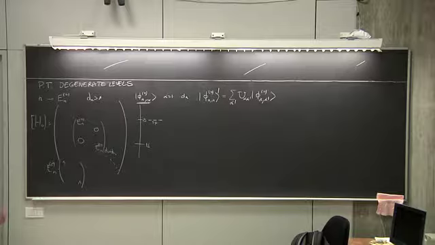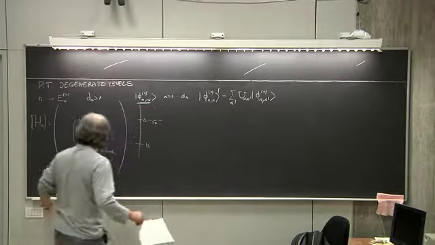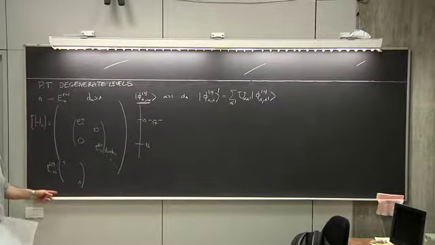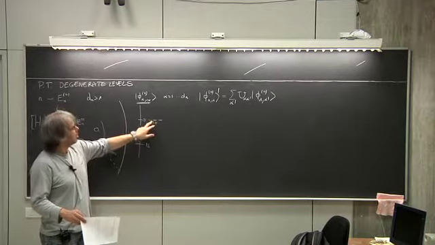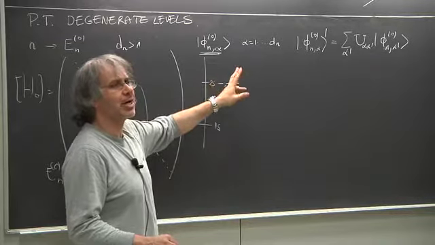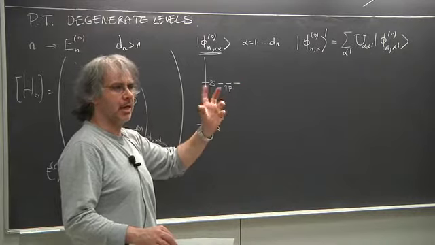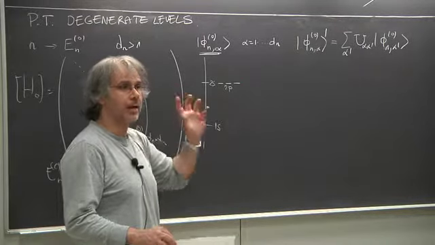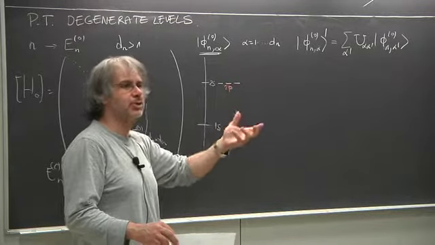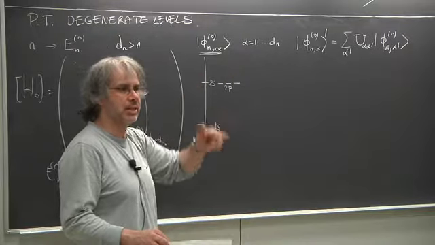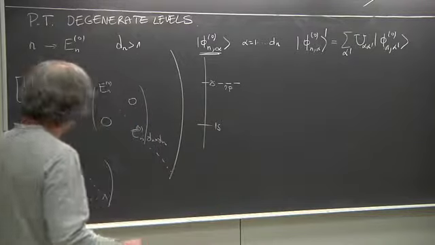So, in this new basis, where this is a unitary rotation, the matrix will be exactly the same. So you can make combinations of 2p, 1, 0, minus 1. For instance, you could use Cartesian 2p states, rather than the spherical ones. You remember the px, py, and pz. Those are combinations of the p plus 1, minus 1, and 0. Doesn't matter. The energy is exactly the same at this level.